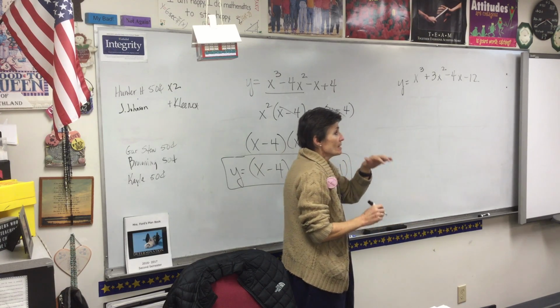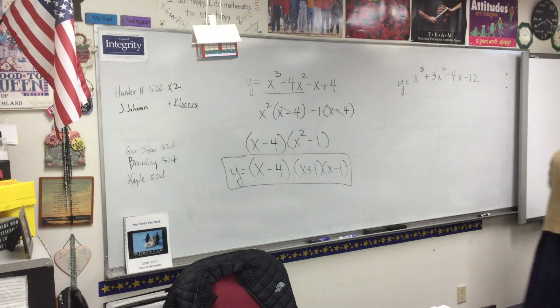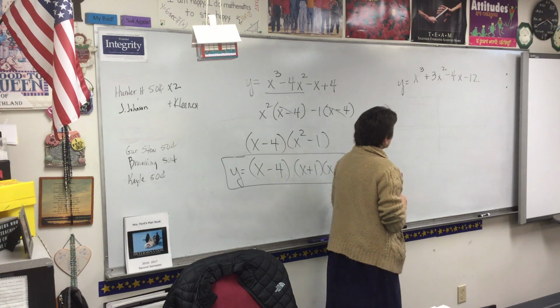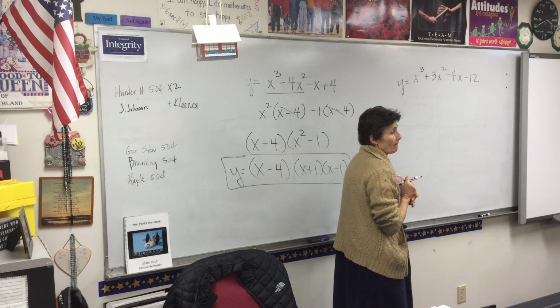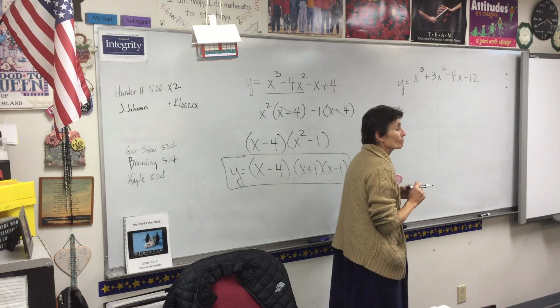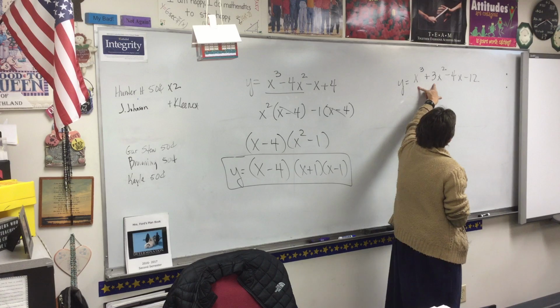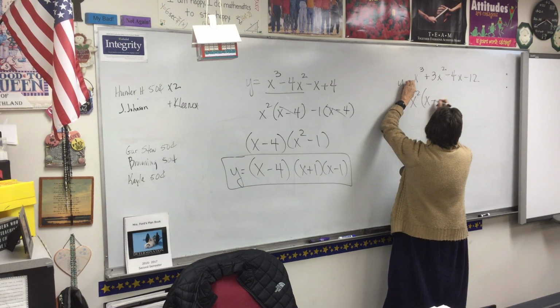Same thing. In order to sketch it, it must be factored. Okay? So, Toby, can you begin the factoring process? So you would do the grouping problem. You would take out x squared for both of them, and then you would get x plus 3.